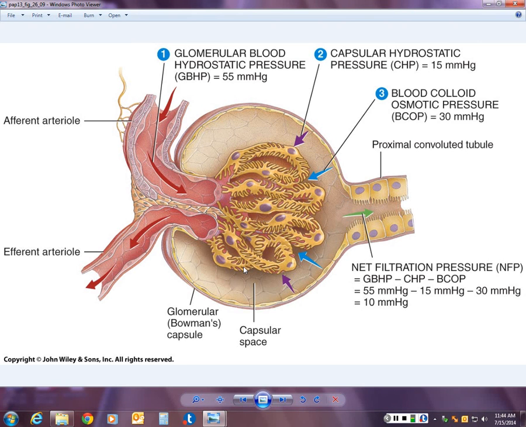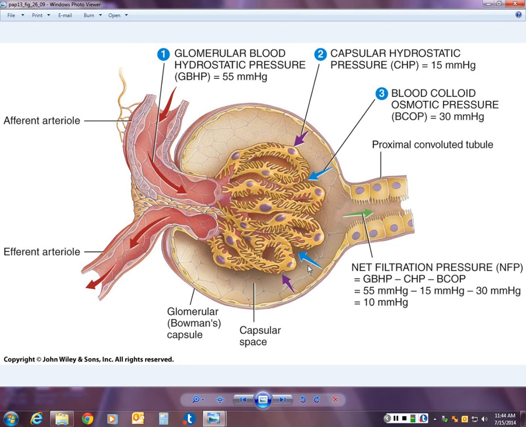If the forces trying to drive fluid from the glomerulus into the capsular space are greater than those trying to force it in the opposite direction, then we should get filtration, meaning we should get movement of the fluid from the glomerulus and into the capsular space. The force that drives glomerular filtration is referred to as net filtration pressure. It is a difference between all the forces trying to drive fluid out of the glomerulus and all those forces trying to force fluid into the glomerulus.